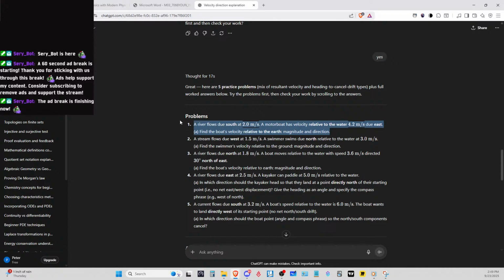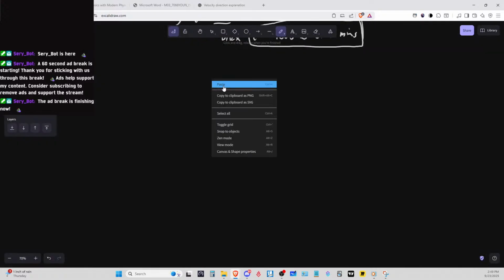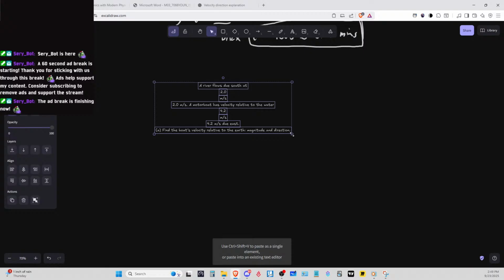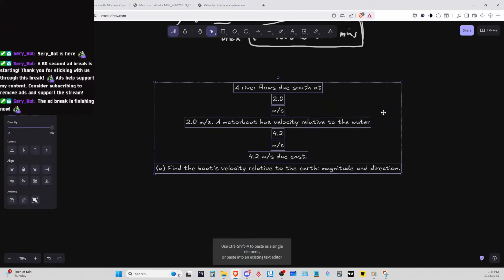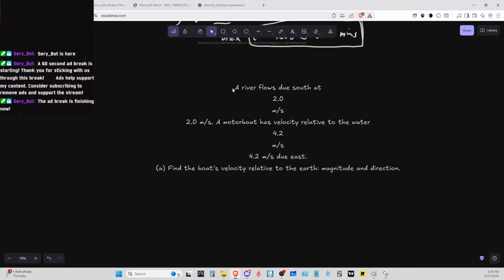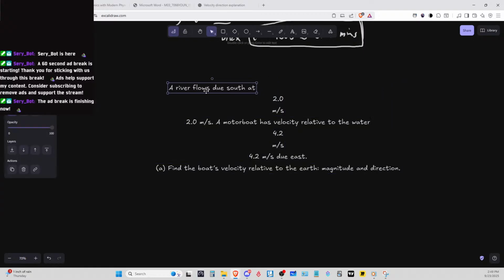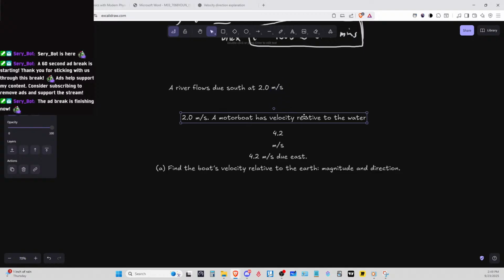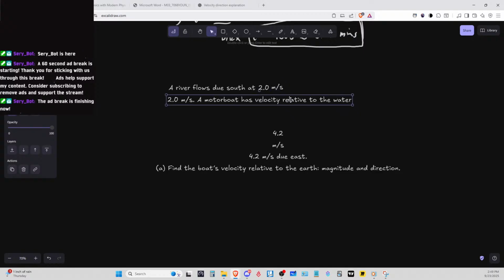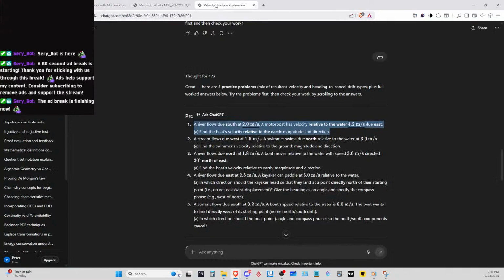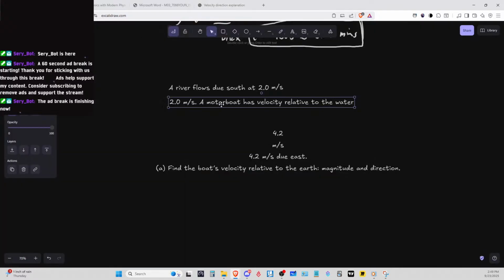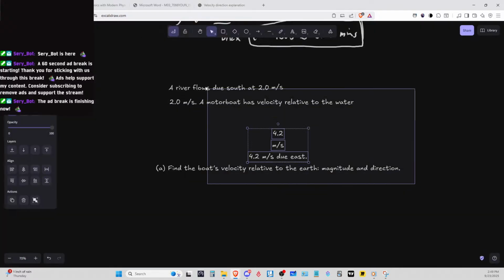Okay, so let's try these out. Everything doesn't have to be from the book. Yeah, I don't like the way this looks.